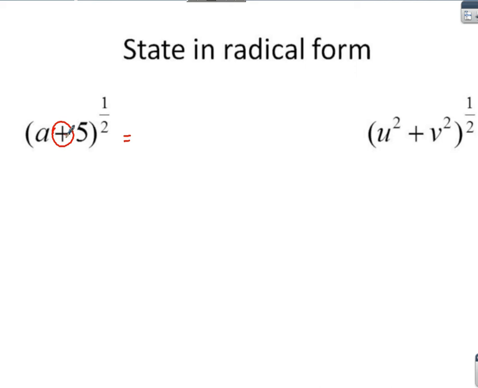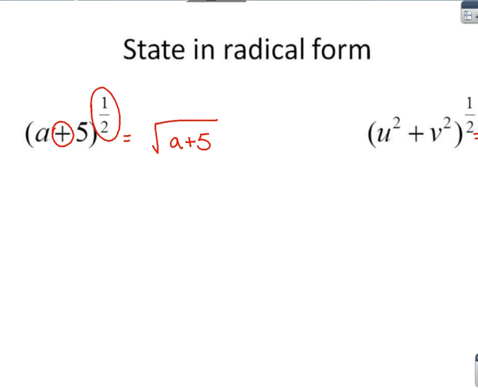So since I have something added, this 1/2 being applied to that entire quantity means I've got a square root, because of the 2 in the denominator on that rational exponent. I've got a square root of a plus 5, and that quantity is technically raised to the power of 1 since that 1 is in the numerator. So square root of a plus 5 is the answer.